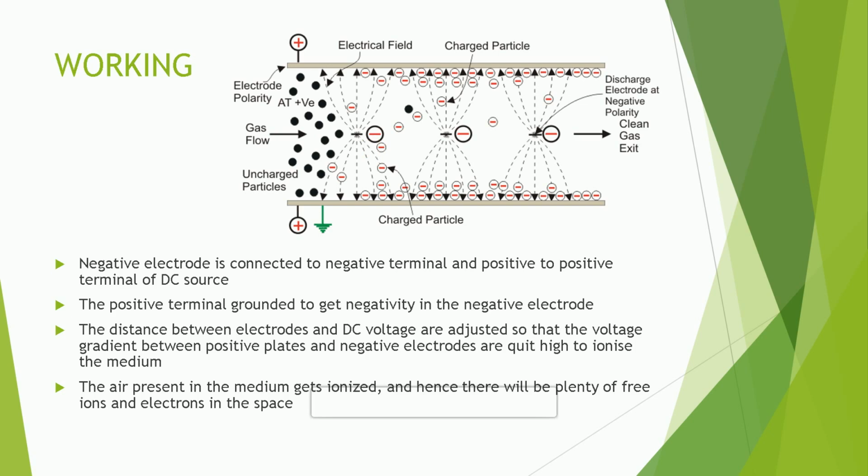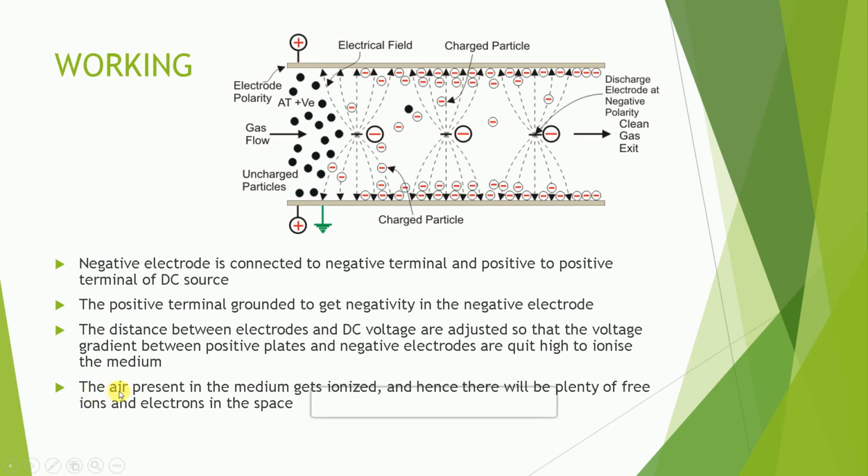Because of this ionization, the dust particles become negatively charged. So they get attracted to the positive plates. After becoming neutral, the dust particles settle down from the plates.